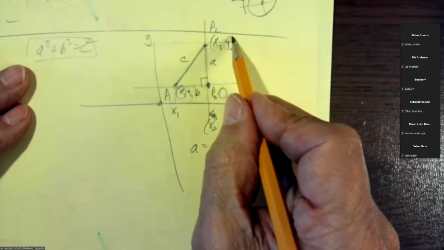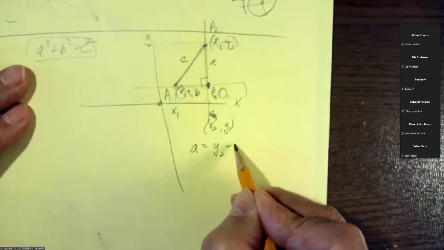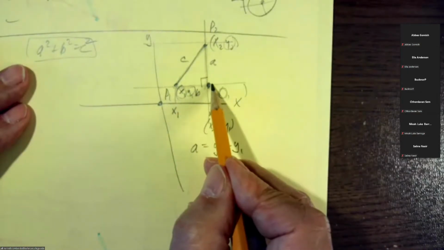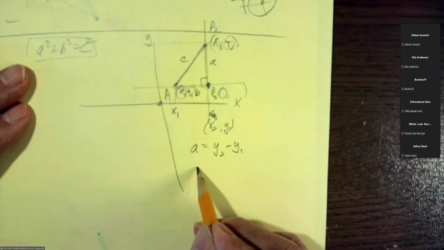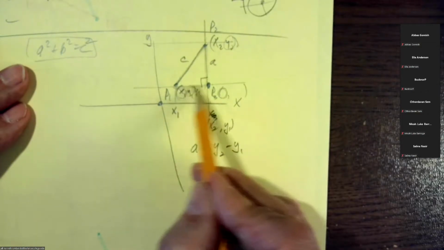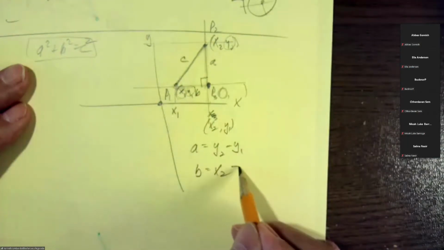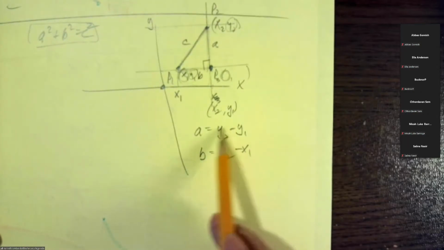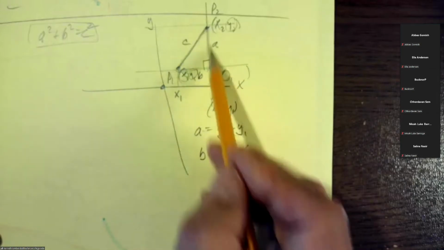So that's going to be y2 minus what? y1, this value down here. Okay, and b is going to be equal to x2 minus x1, isn't it?